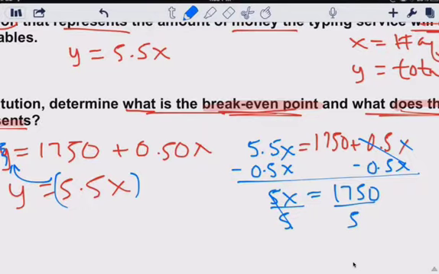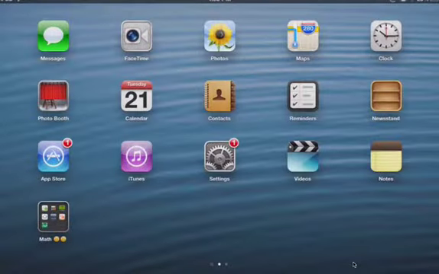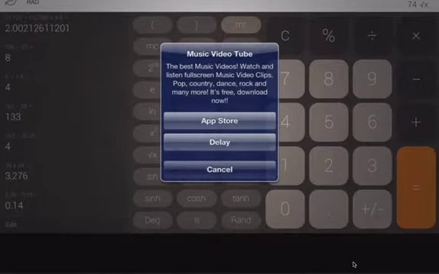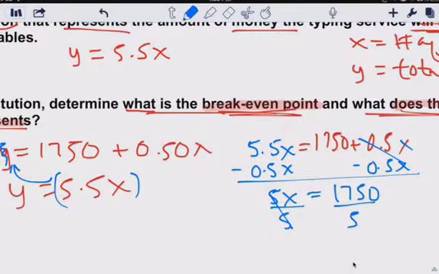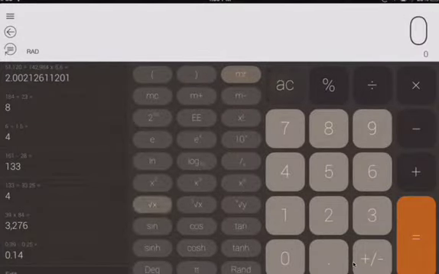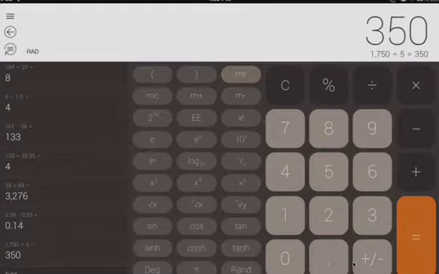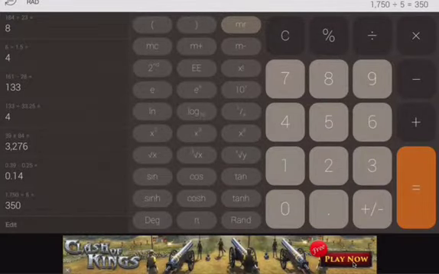Okay, just to make sure I'm right, let's take out a calculator. 1750 divided by 5. Clear. 1750 divided by 5. 350.